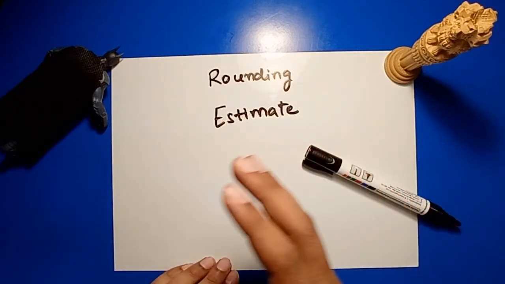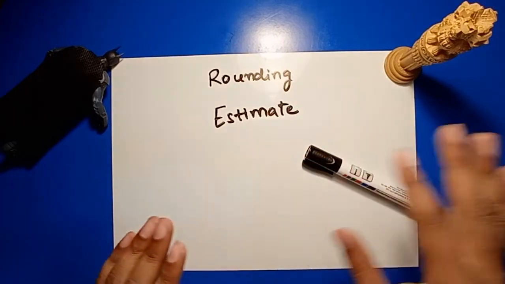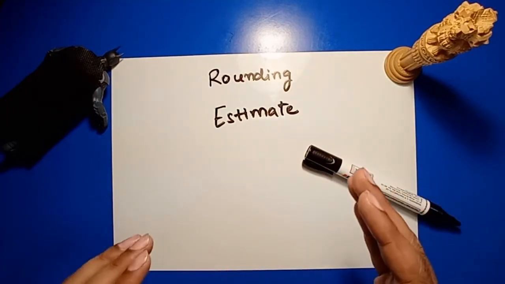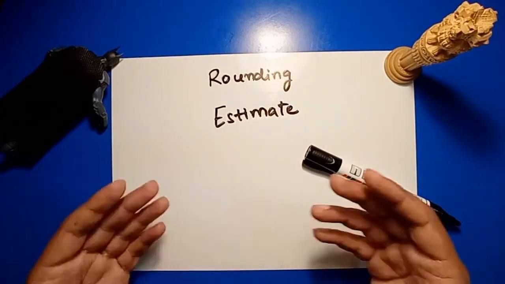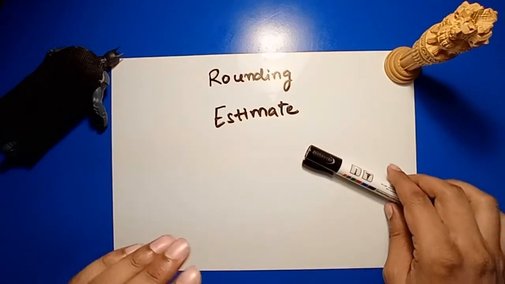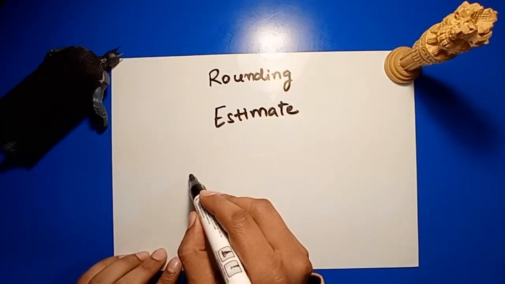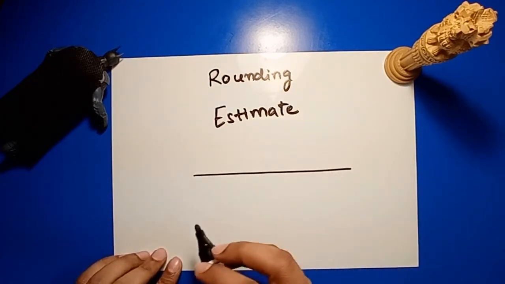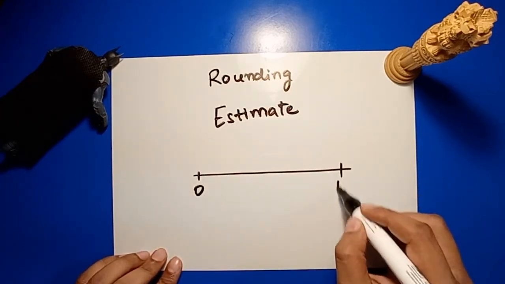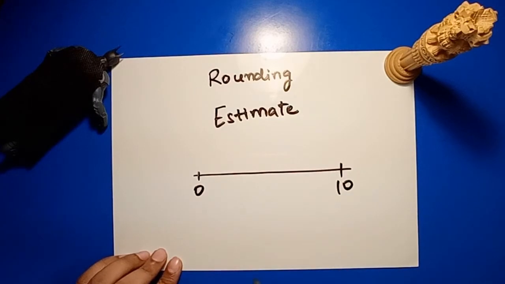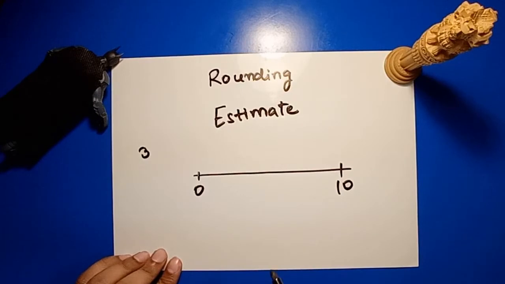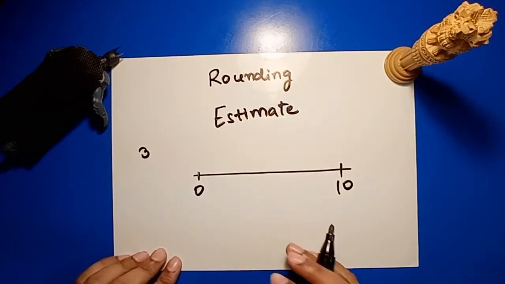We round it, we remove the details and we round it to the nearest 10, 100 or 10,000 or a billion, whatever be the case. So let's take some examples and understand how to round it. Let's say I have 0, this is the number line, and let's say I want to round 3 to the nearest 10.